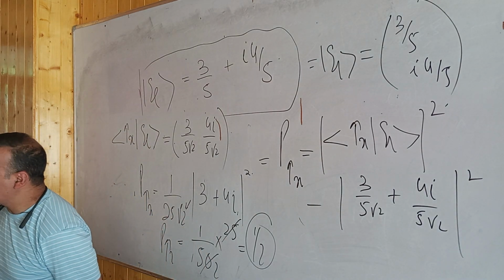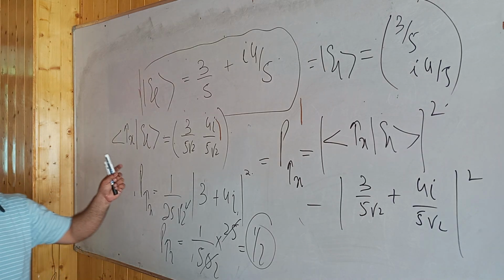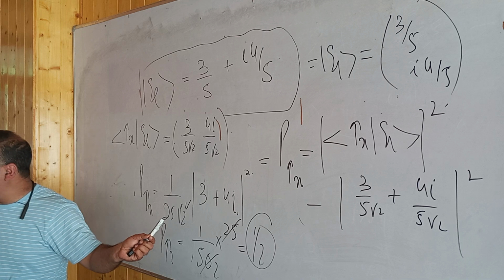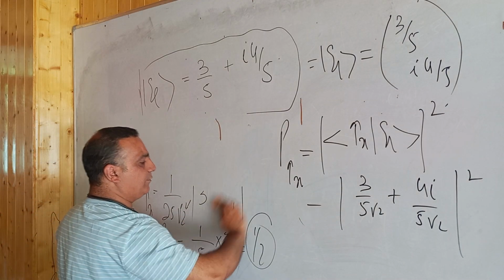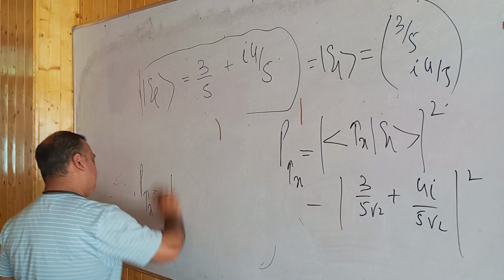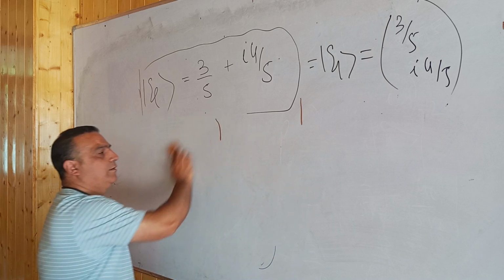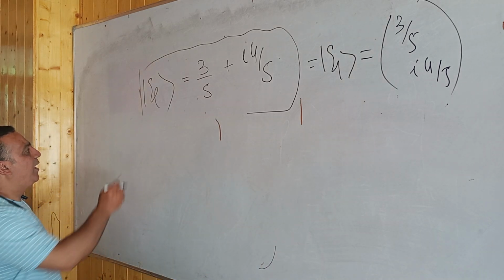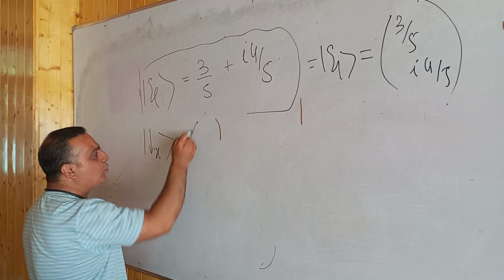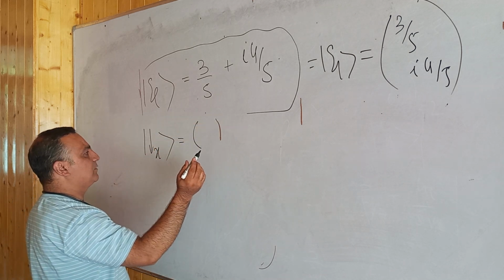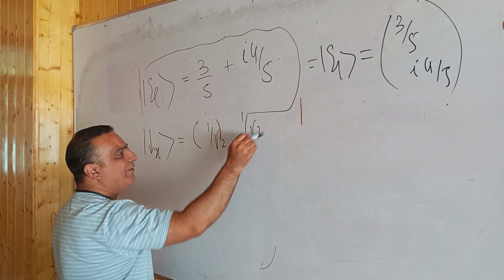Now, shall I show you the next part or will you do it? Have you copied it down? Okay, now let's go. Now I have spin down along x. That is a row vector of 1 by root 2 and 1 by root 2. Am I right?